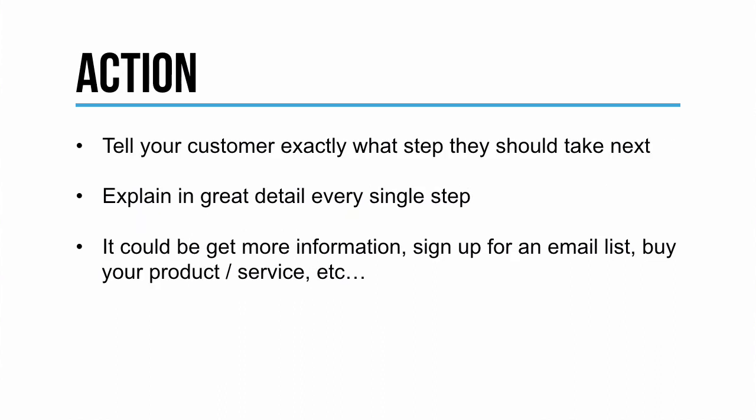So after desire comes action. In this stage, you want to tell your customer exactly what step they should take next. It may seem redundant, but you really want to tell them every single little step. In that sense, you want to explain in great detail what they need to do. It doesn't matter what it is. It could be get more information, sign up for an email list, or buy your product or service.